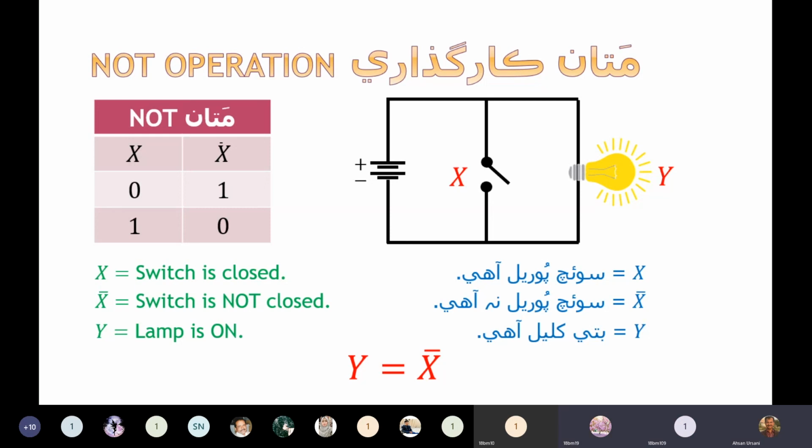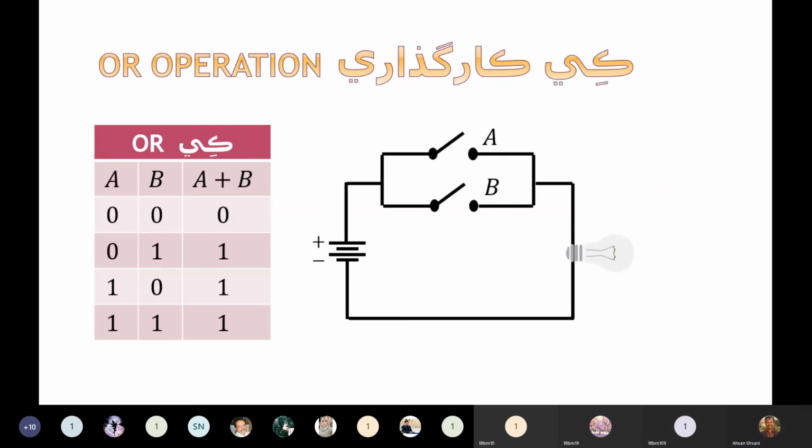Okay, you understood. Now this circuit is a switching circuit. It has two switches connected in parallel.